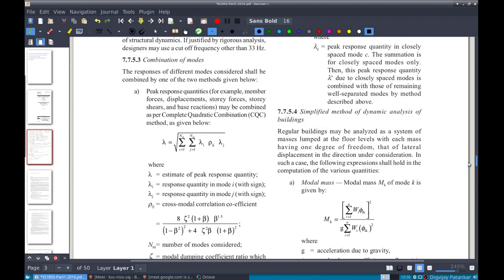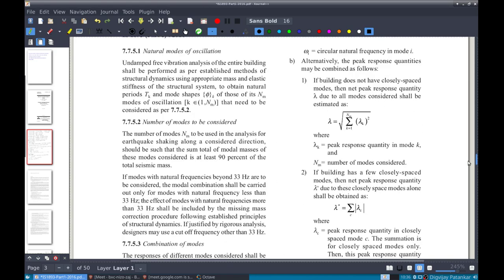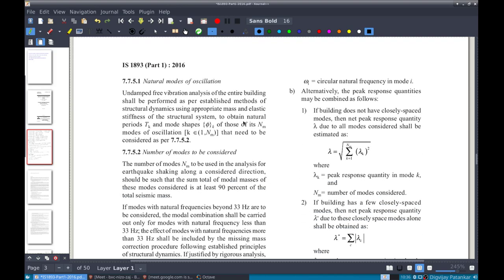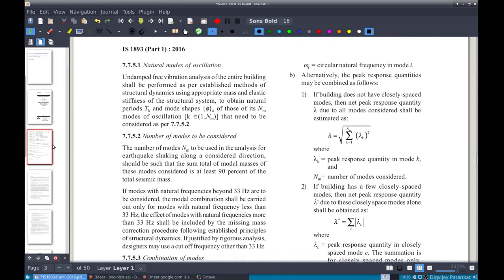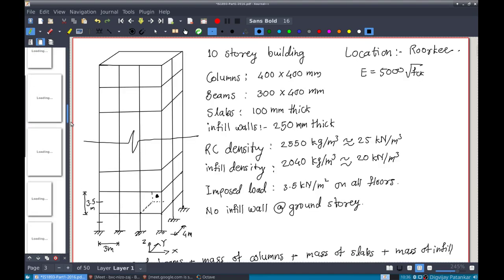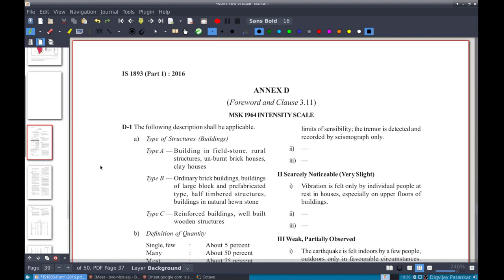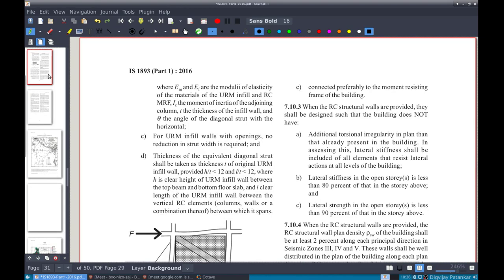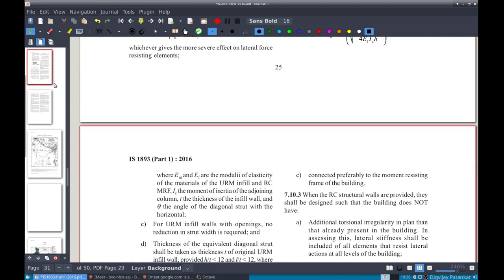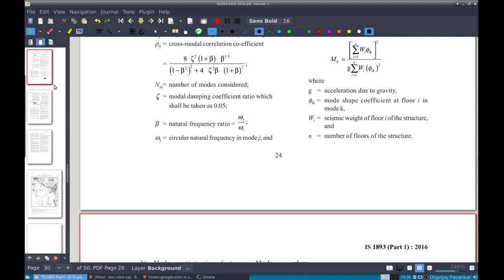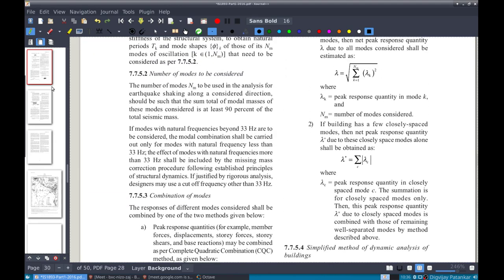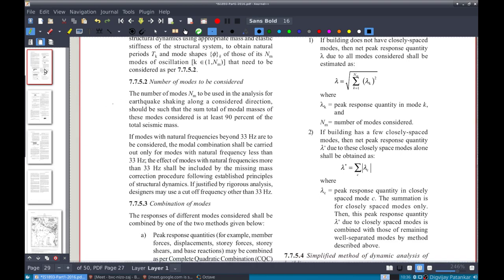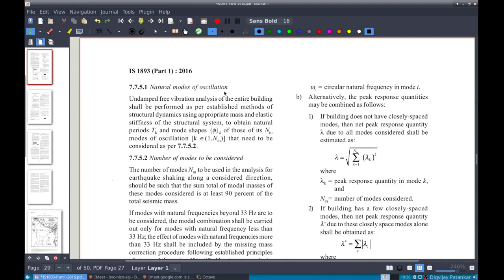Let us go to page number 24. So what we have done is we have found out the natural modes of oscillation, natural frequencies and mode shapes.